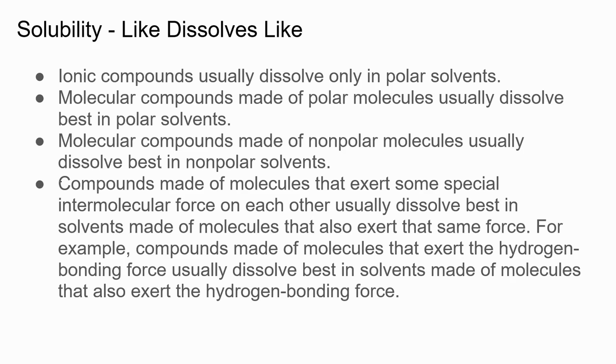And then the last very long paragraph is saying that if it has intermolecular forces like hydrogen bonding, it's going to dissolve better if the solvent has hydrogen bonding. So like dissolves like, ionic dissolves in polar, polar dissolves in polar, non-polar dissolves in non-polar, hydrogen bonding dissolves in hydrogen bonding.